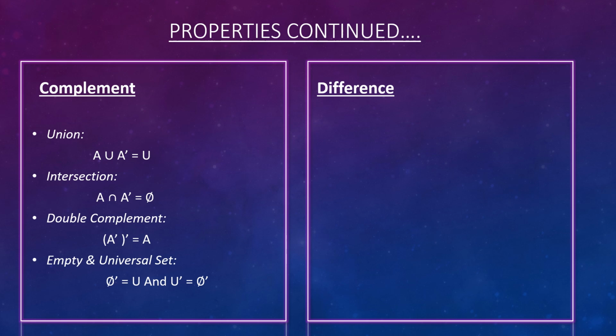If intersection is done, they have no element in common. That's why we get an empty set. Double complement says that if we do a complement of an already complemented set, then we get the set itself. Empty and universal set says that the complement of the empty set gives the universal set.